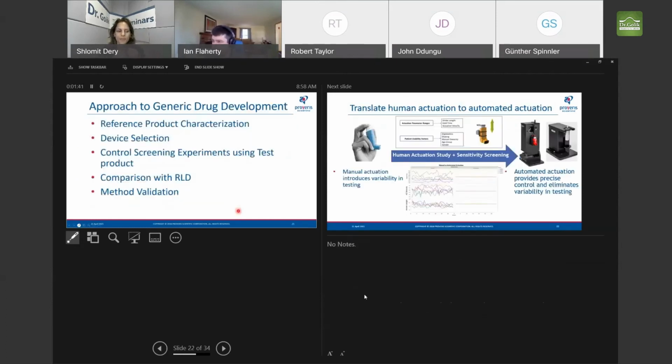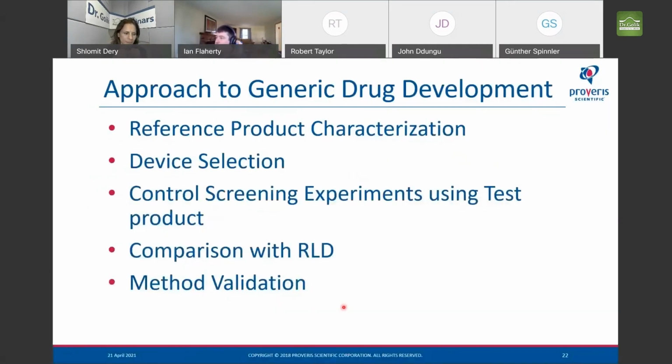That's why, in general, we approach generic drug development as starting with a thorough reference product characterization. Here is where we run a whole host of different in vitro tests, things like shot weight, spray pattern, plume geometry, droplet size distribution.